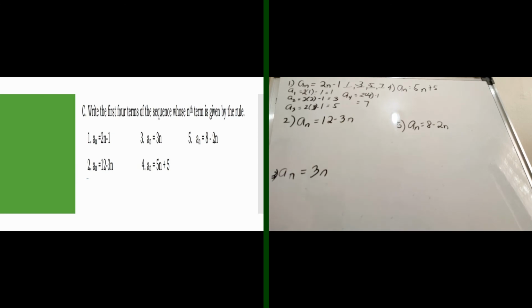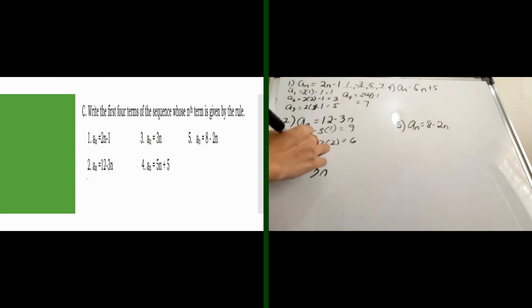Now, let's have number 2. For number 2, a sub 1 is equal to 12 minus 3 times 1. 12 minus 3 times 1 is 3. So, this will give you 9. Then, we have a sub 2 is 12 minus 3 times 2, which will give you 12 minus 6, which is 6.